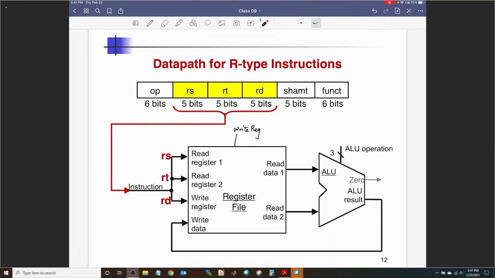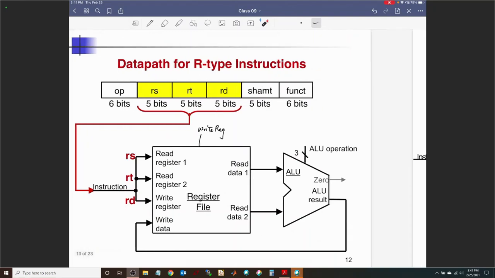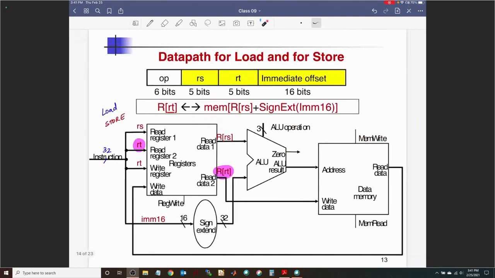R type, I select RD. I type, or load or store, I select RT. You guys see that? Because RS and RT are sort of consistent between the two types. Only this guy, in this case is RT, in the earlier case it was RD. So I can have a mux before this, and I will add that later on to select one or the other.